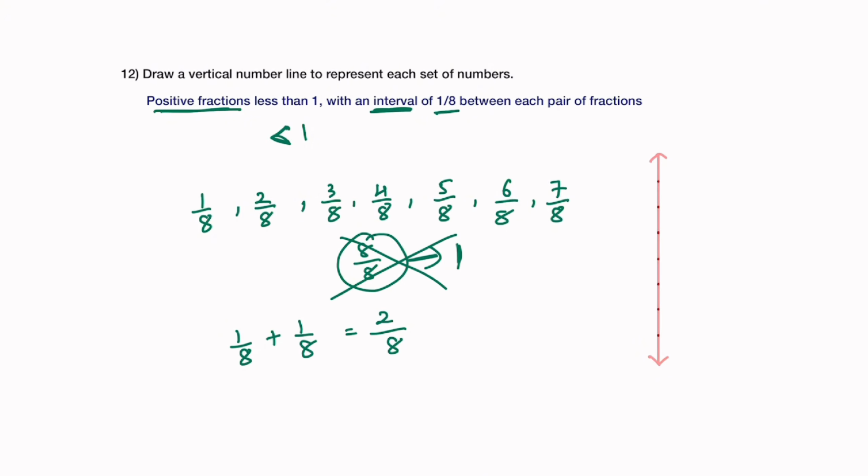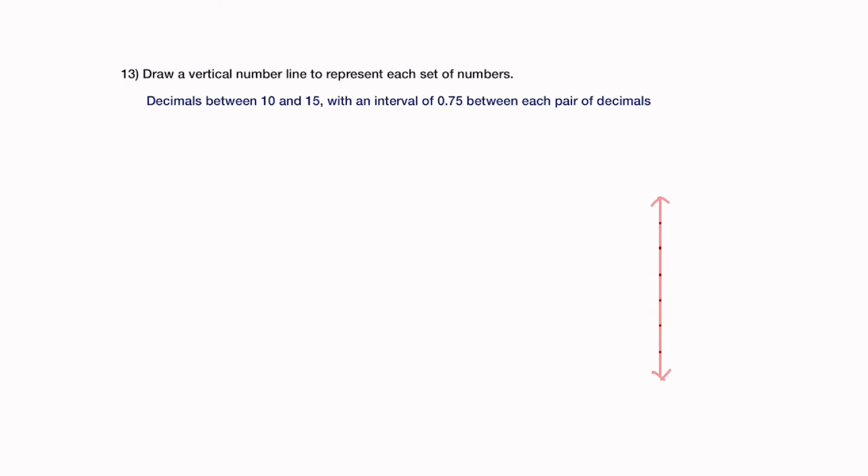So this is not included, right? So let's plot them now. 1/8, 2/8, 3/8, 4/8, 5/8, 6/8, and 7/8. Easy?